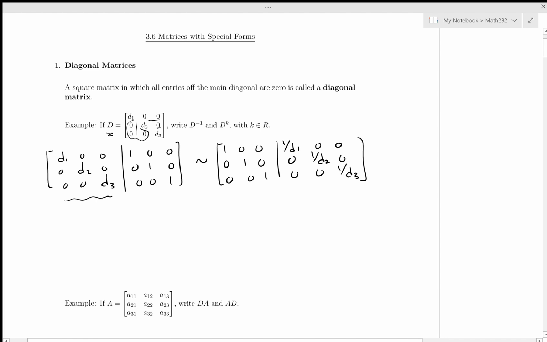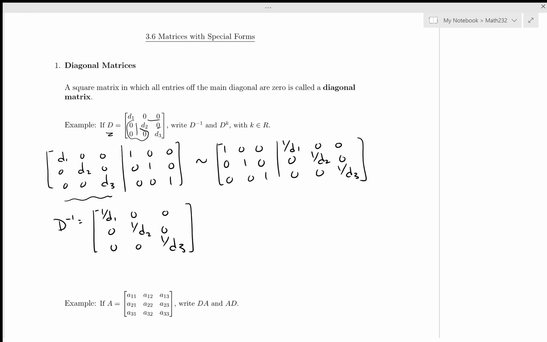Now I know that the inverse of the diagonal matrix looks like this. So if ever I see a diagonal matrix and I want to know its inverse, I can simply write that down. Of course, we do have to have the restriction here that D1, D2, and D3 are not 0.